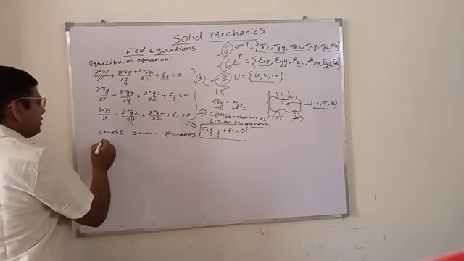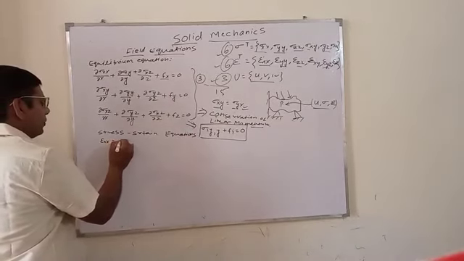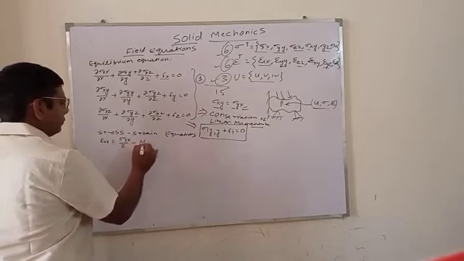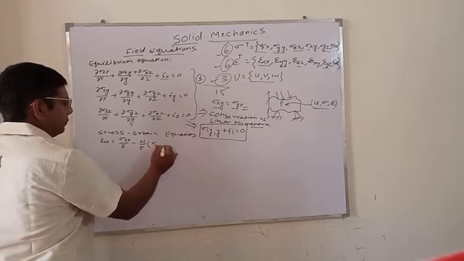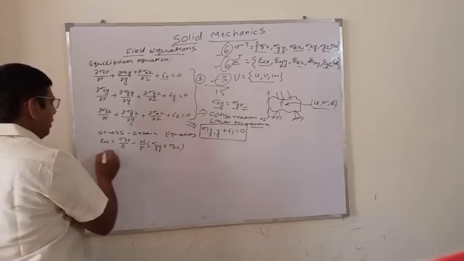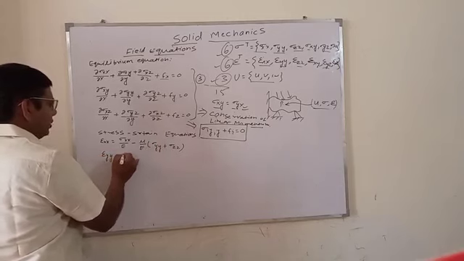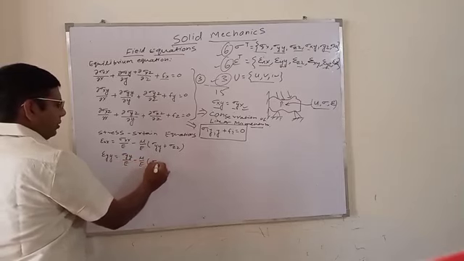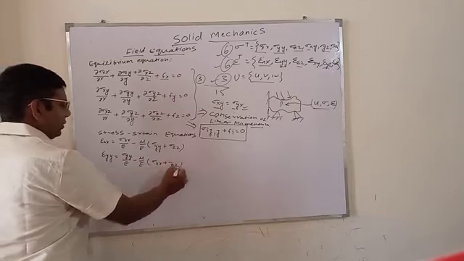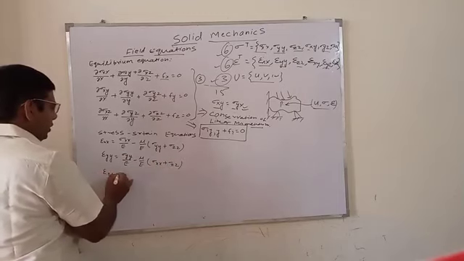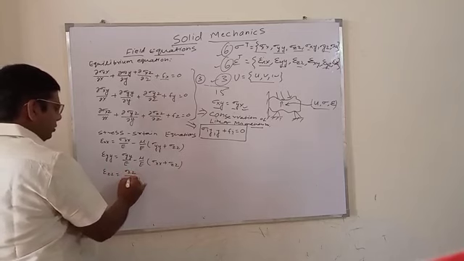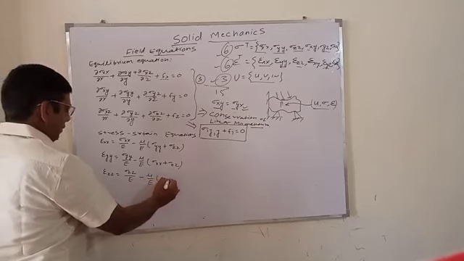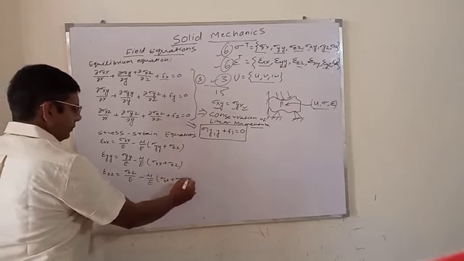We know that epsilon xx is equal to sigma xx upon E minus mu upon E times sigma yy plus sigma zz, and epsilon yy is equal to sigma yy upon E minus mu upon E times sigma xx plus sigma zz, and similarly for epsilon zz.